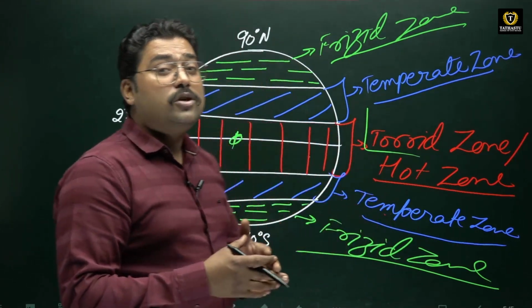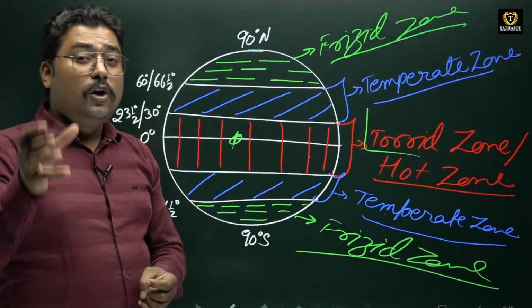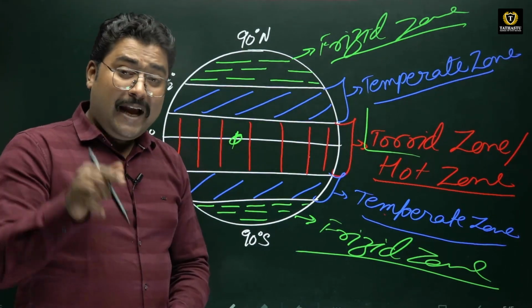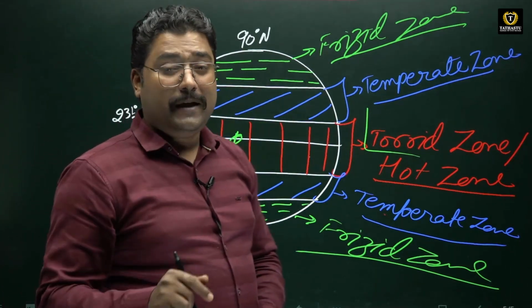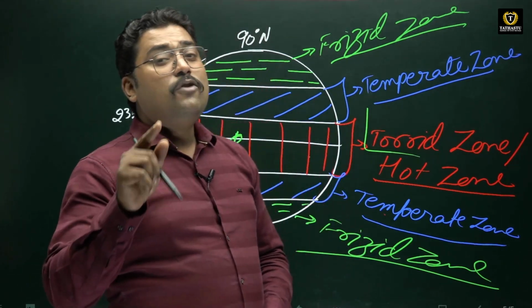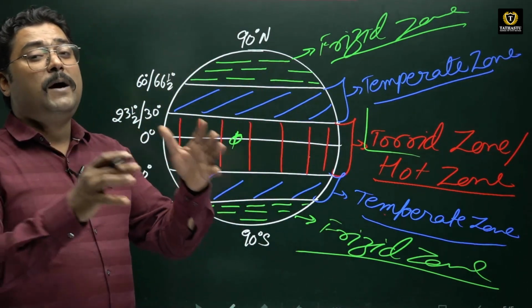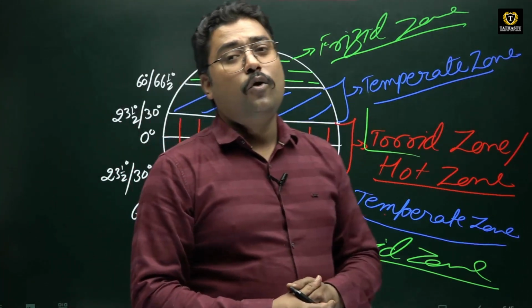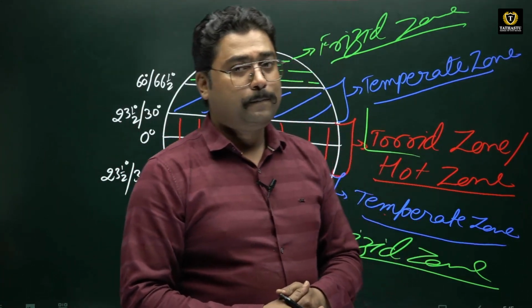Why? Because of the altitude. So the local factors also can determine the temperature of any place, and this we will see in the coming topics, which is general circulation of atmosphere, that how the local factors or the factors responsible for insolation, factors responsible for controlling the local temperature of any place.